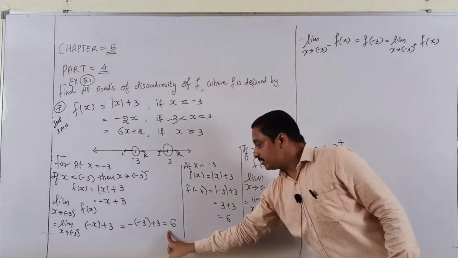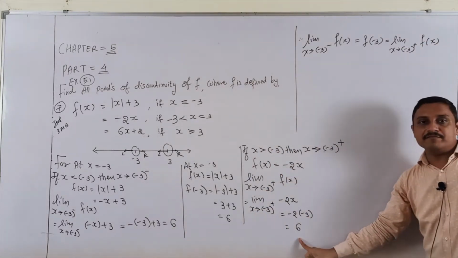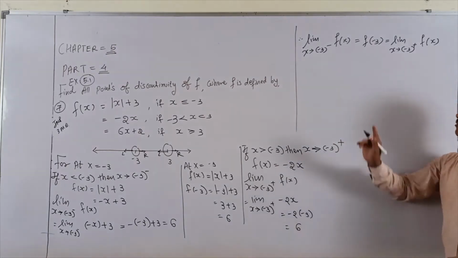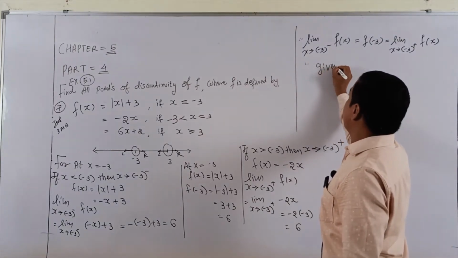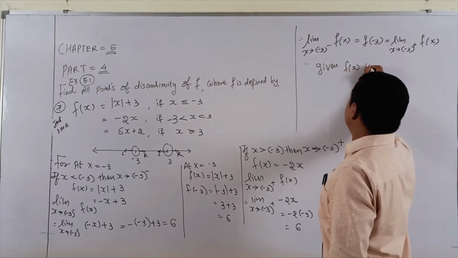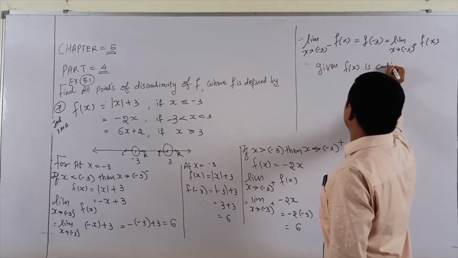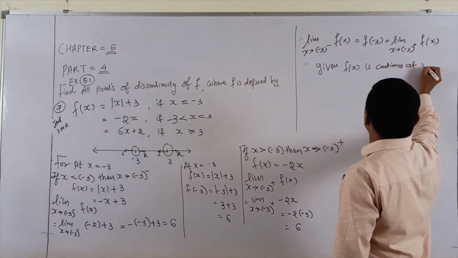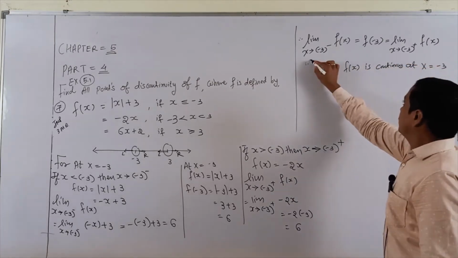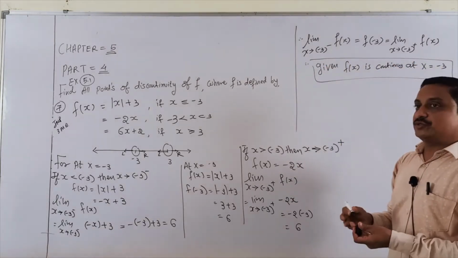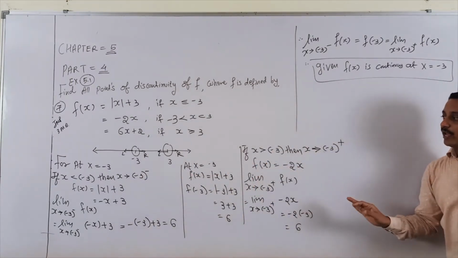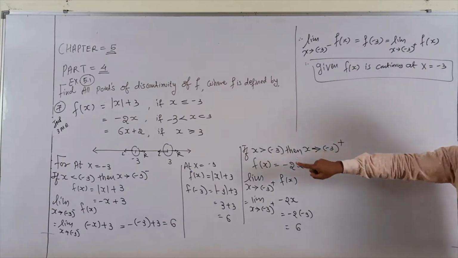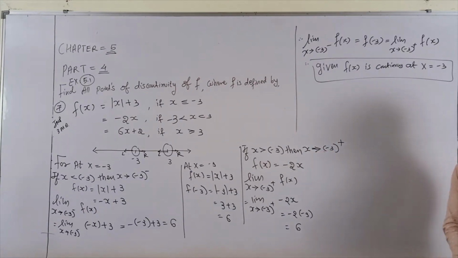One more time, these answers are all the same, so you can conclude that the given f(x) is continuous at x equal to -3. This is our half part, students, which must be done. After that I will explain for the position x equal to 3.